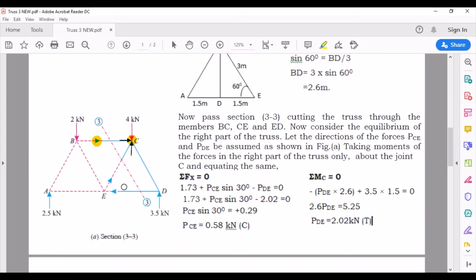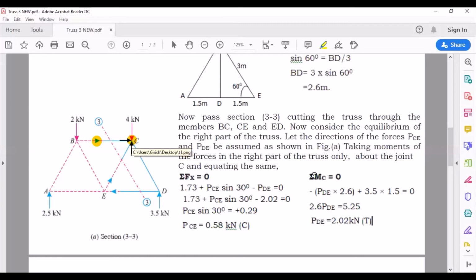Many a time we also take the moment center on the other portion of the section, but in this case, since point C has the maximum members passing through it, the member forces BC, CE, and CD all pass through the moment center. I am left with only two forces, ED as well as 3.5, which do not pass through this moment center, so I'll have only two terms.